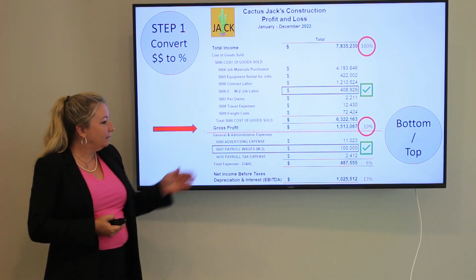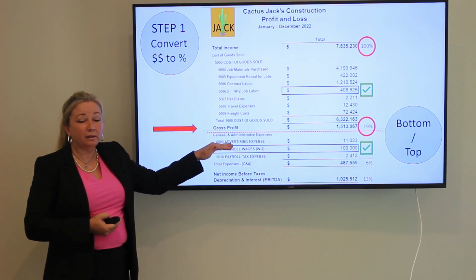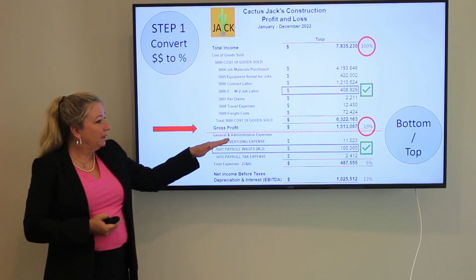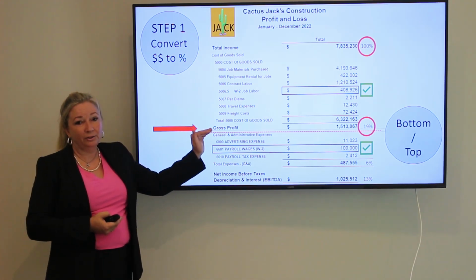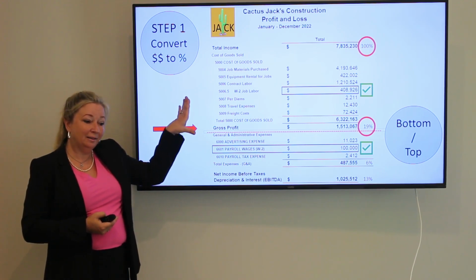But in this case, if that was the only correction I made for this company on the profit and loss statement, then the bottom line, of course, wouldn't have changed. It would have just shifted my understanding of how much I'm making on the top line.